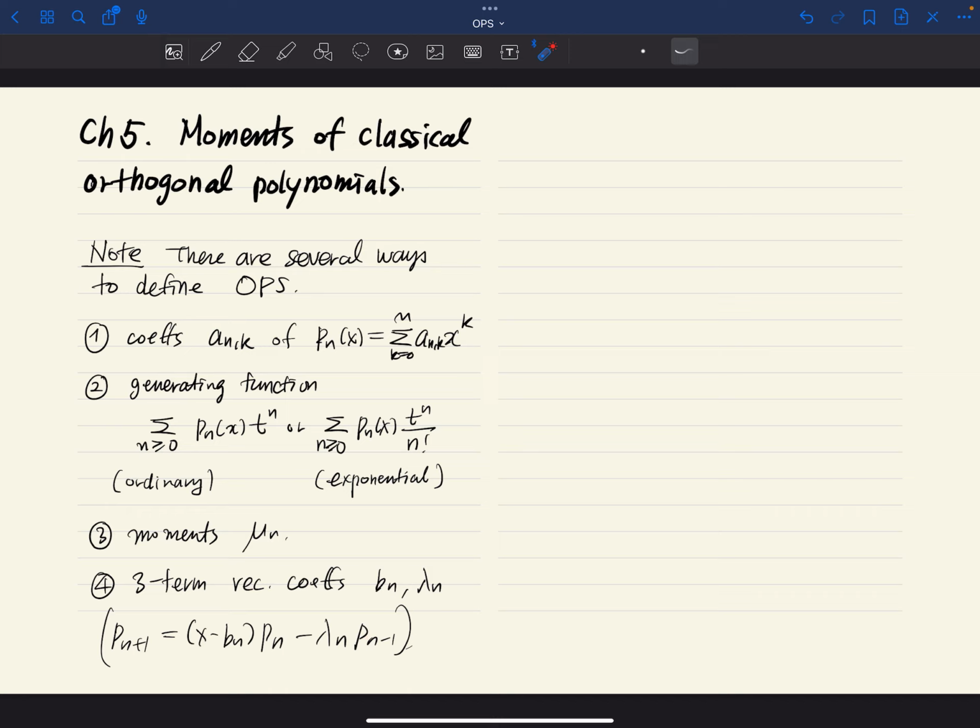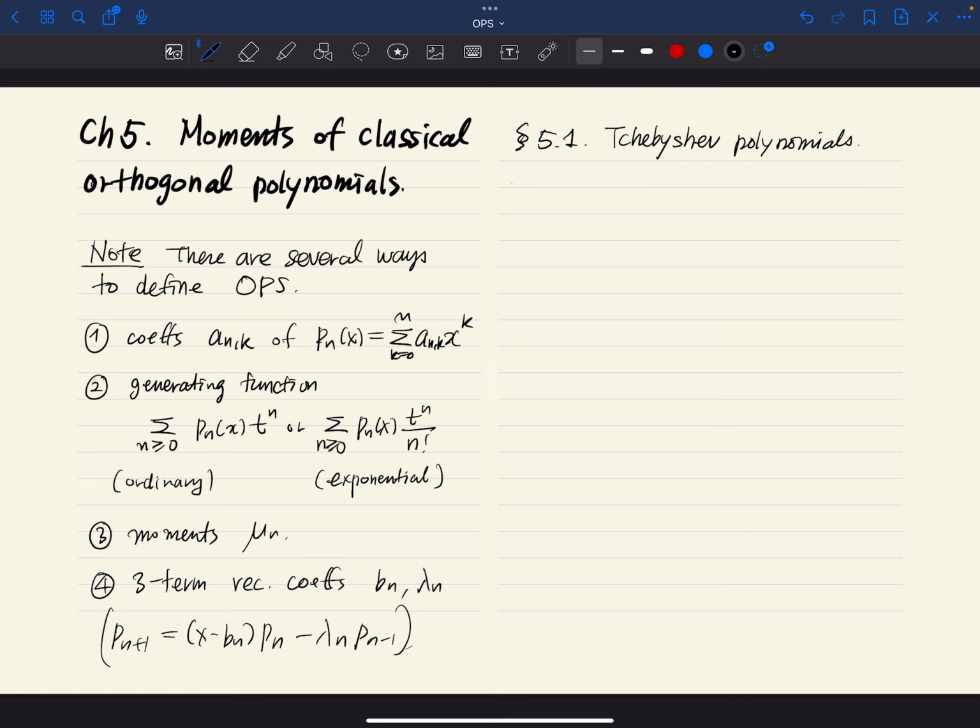So our first example will be Chebyshev polynomials. It's one of the simplest orthogonal polynomials. Actually, there are two types of Chebyshev polynomials. We will first consider the second kind, because that's slightly easier.